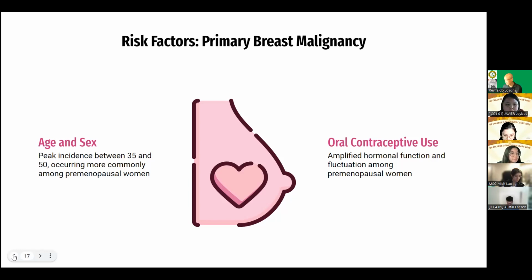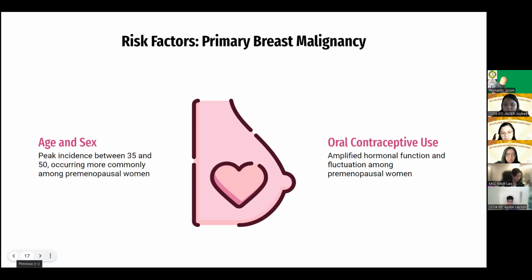So currently, there are studies that suggest na actually may protective factor daw yung contraceptive use sa development of breast cysts. However, there are more recent studies then that also suggest na may positive association between contraceptive use and breast cysts. So medyo may contradicting pa siya, results.